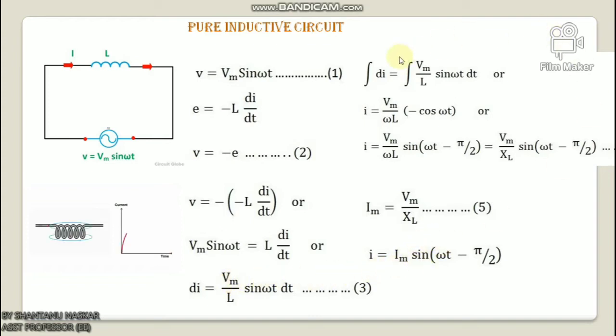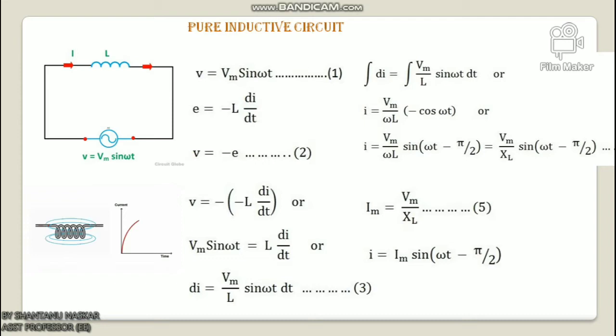Now integrating both sides of equation 3, we get the integral of di equals the integral of Vm by L sin omega t dt, or I equals Vm by omega L times minus cos omega t, or I equals Vm by omega L sin of omega t minus pi by 2, equals Vm by XL sin of omega t minus pi by 2.